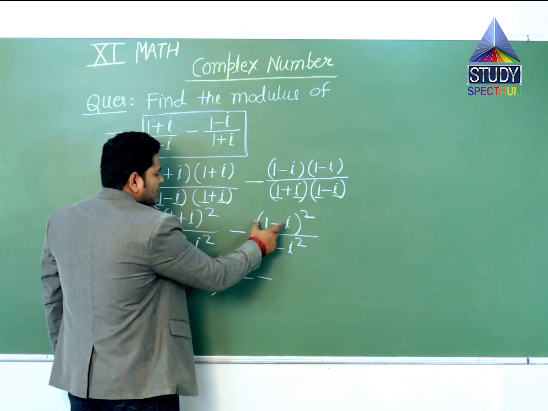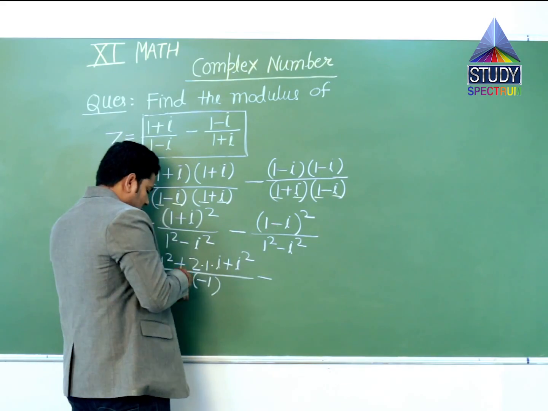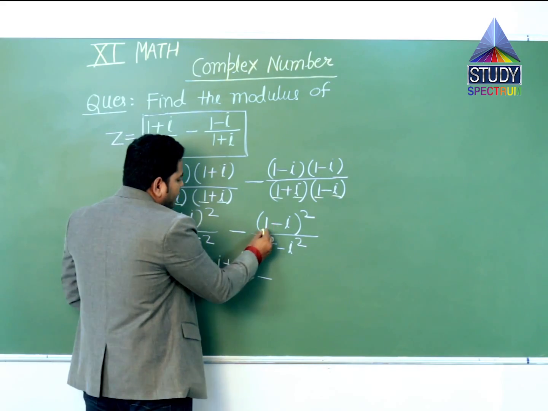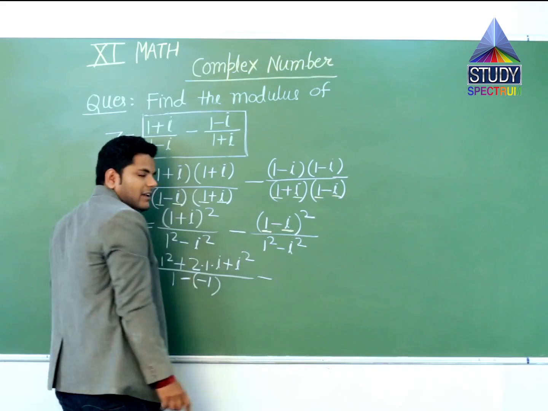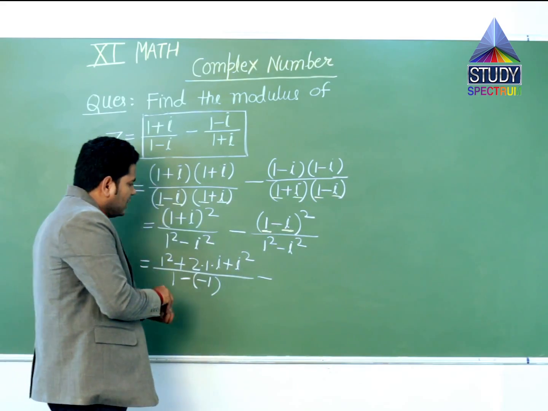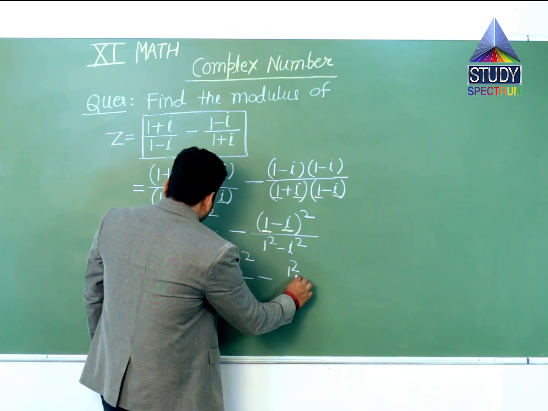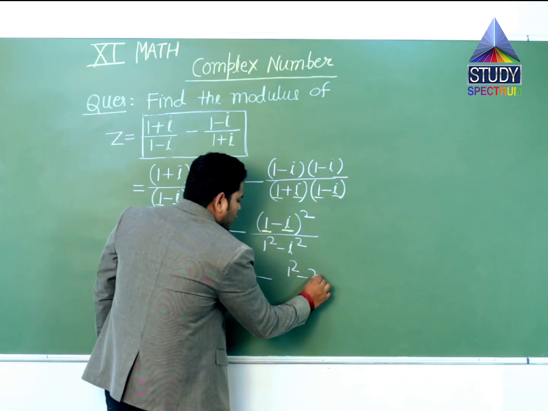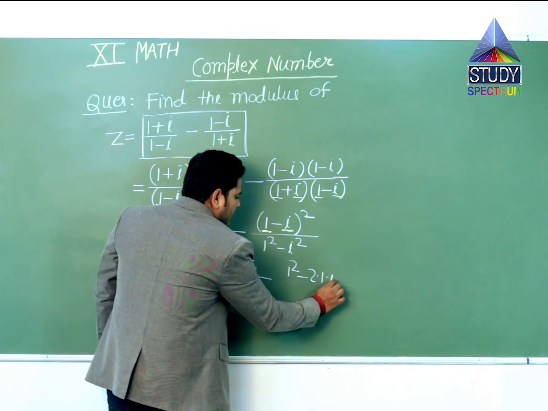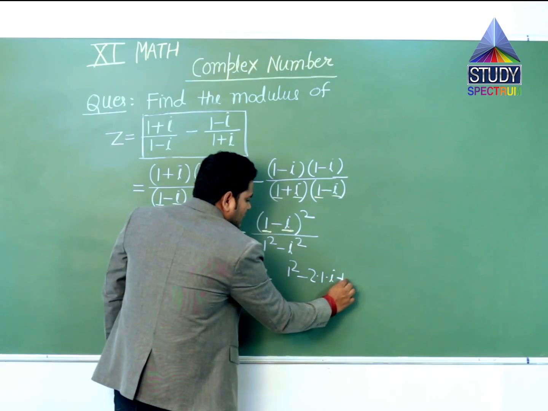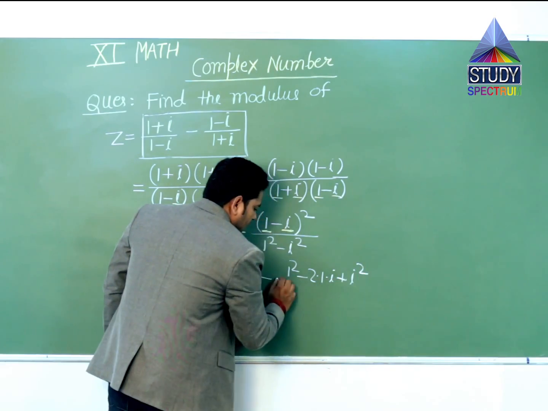Minus, this is in terms of (a − b) whole square, with a = 1 and b = i, so the formula is a² − 2ab + b².